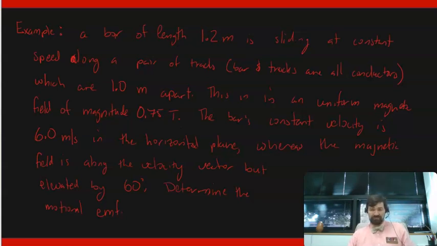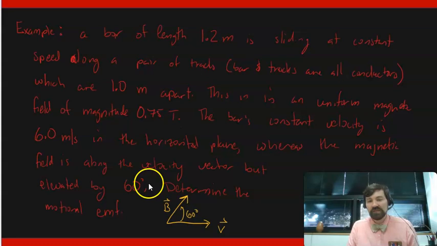The bar's velocity is 6 meters per second within the horizontal plane. You could take it as being in the y direction specifically. And the magnetic field is along the velocity vector but elevated by 60 degrees. That essentially means that the magnetic field looks like this relative to velocity. So you've got your velocity vector here, and you've got your magnetic field 60 degrees with respect to it.